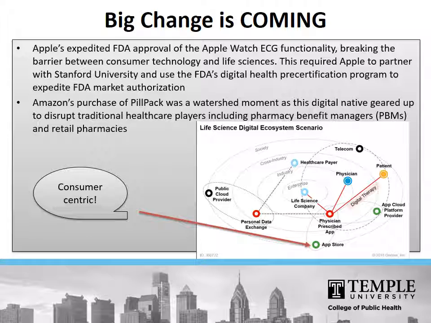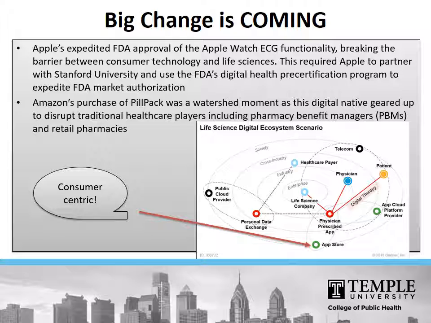If you take a look at this diagram here, I have an arrow pointing right to the App Store. So I apologize for Android mobile device users, but when we say App Store, this is not specific to iPhone. It's the App Store in general. Apple's expedited Food and Drug Administration approval of the Apple Watch electrocardiogram functionality, breaking the barrier between consumer technology and life sciences.